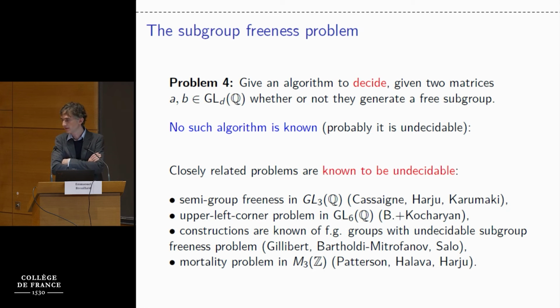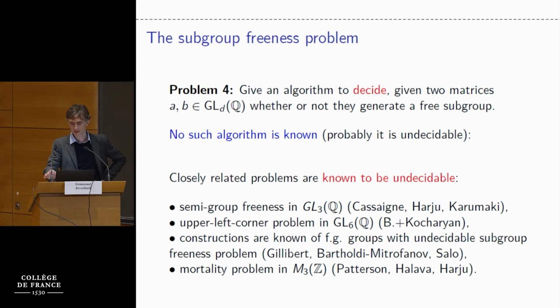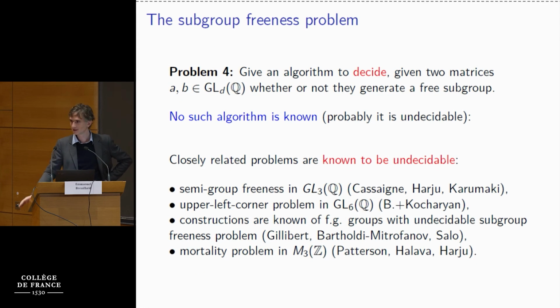Can you find an algorithm that would decide whether, if you give me two matrices, it will, in finite time, answer yes or no to the question: do they generate a free subgroup? Surprisingly, no such algorithm is known. So it's a challenge to find one, if there is one, or to prove that there is none. I would tend to think that there is none, and in fact that the problem is undecidable.